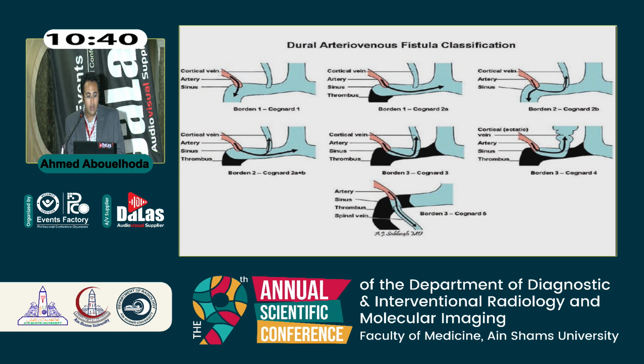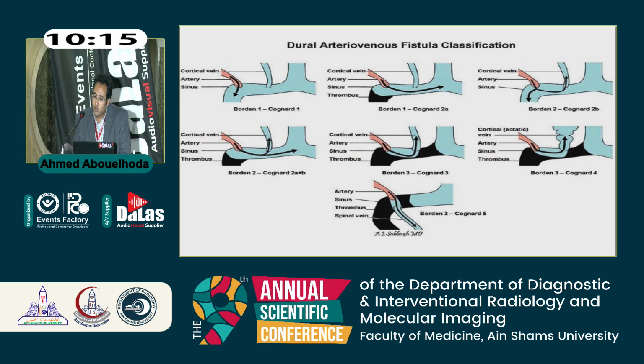classifications together. As you can see in the first picture, there is antegrade flow without any cortical venous reflux. This puts us in a Borden type 1, Cognard type 1 classification. In the second image, there is reflux in the secondary veins without any cortical venous reflux with an antegrade flow, also a Borden type 1, Cognard type 2A. The third image, you have reflux in the cortical veins with an antegrade flow.